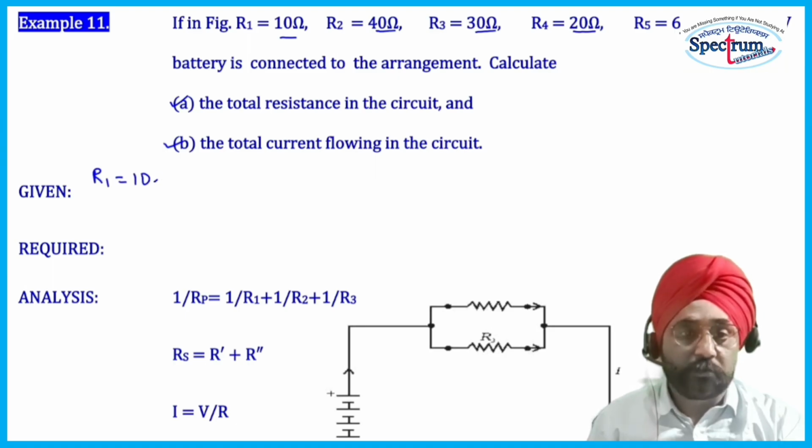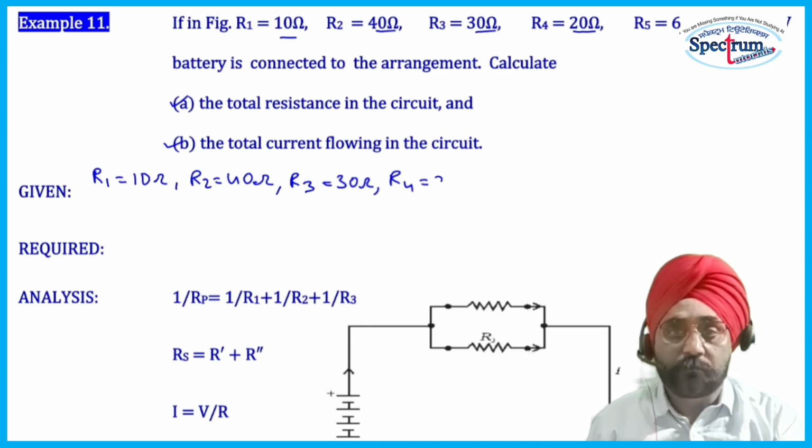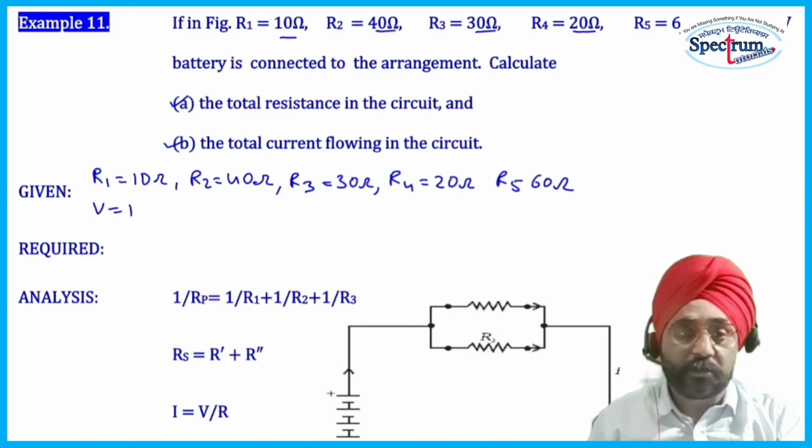R1 is equal to 10 ohm, R2 is 40 ohm, R3 30 ohm, R4 20 ohm, R5 60 ohm. Potential difference is 12 volt. What is required?